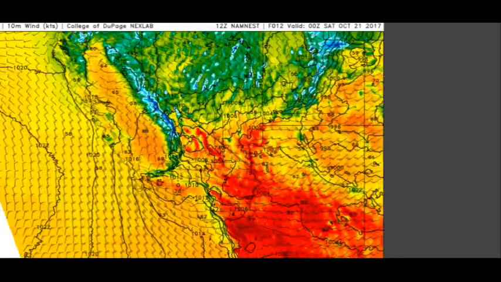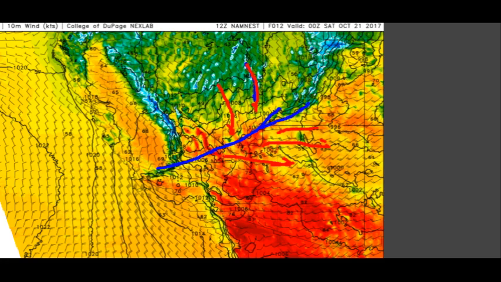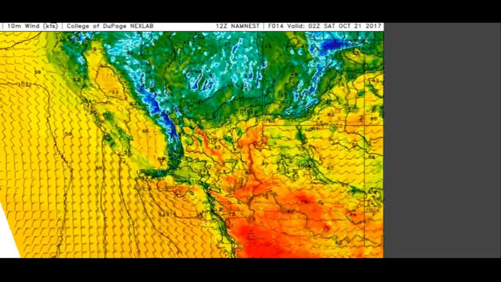Okay, so there's the current picture right there, and we can definitely pick out that front. See the change there in the wind direction. So very well defined. And we even have the pressure gradient right there in central Utah showing up. So let's see what happens to that boundary.